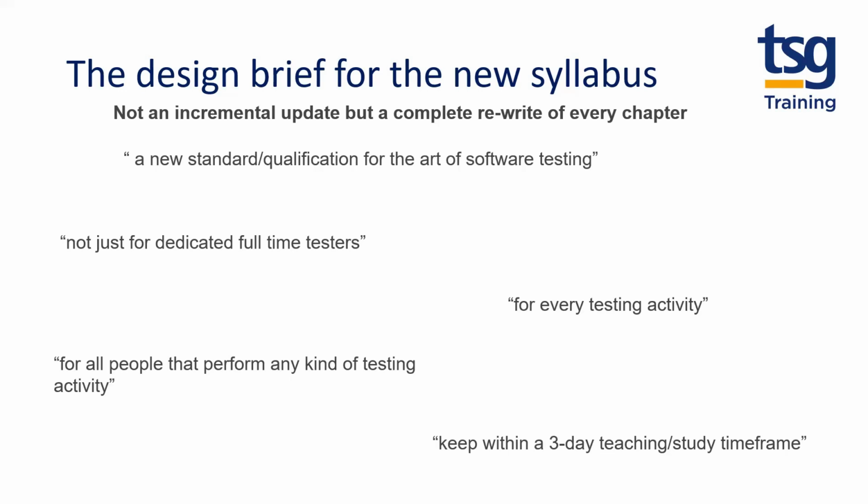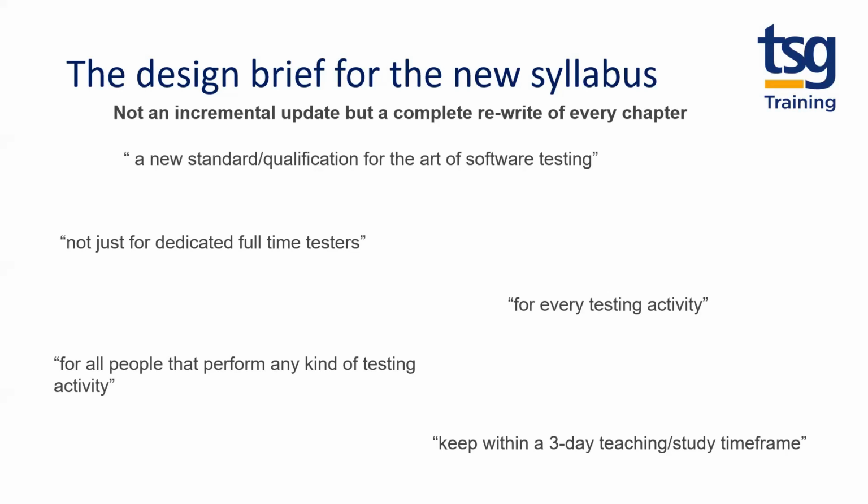But at the same time, looking at the marketplace and appreciating the time out of the office that's required for people to do formal training, update the syllabus, but keep it within the current 3-day teaching study time frame. So get it up to date, but keep it in the same kind of window of delivery.